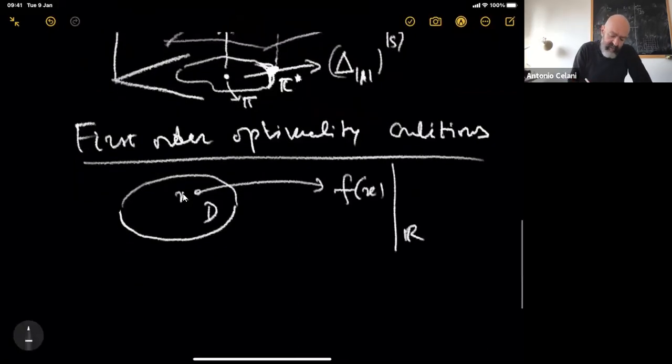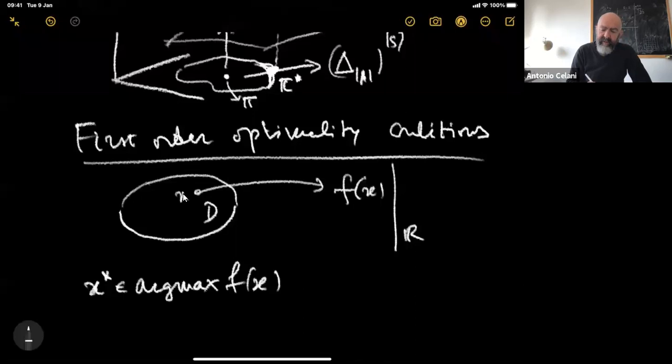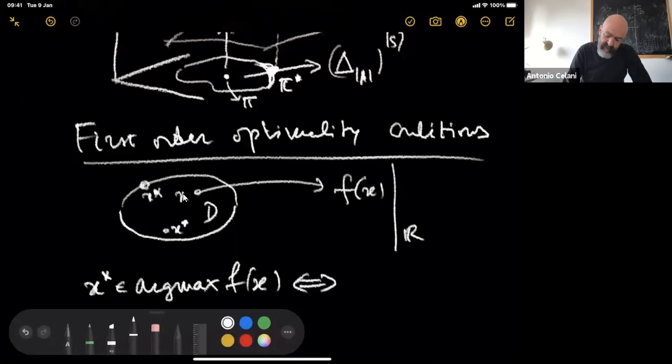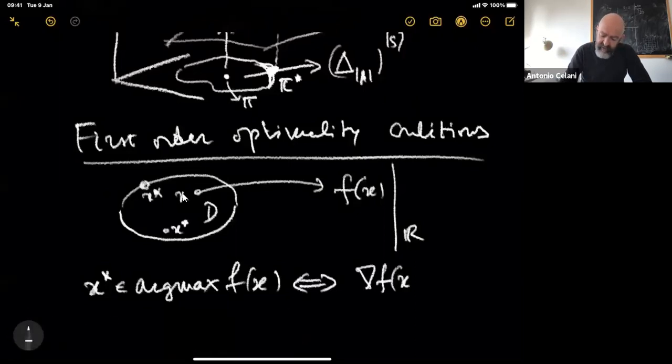We have that if X star belongs to the set of maxima of f, so X star is a point where f is maximum, it could be either inside or on the boundary, doesn't matter, then this is equivalent to asking that the gradient of f in X star times X star minus X must be non-negative.